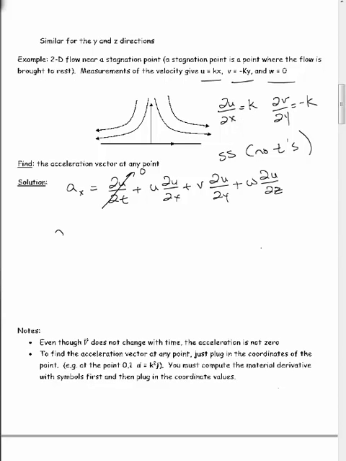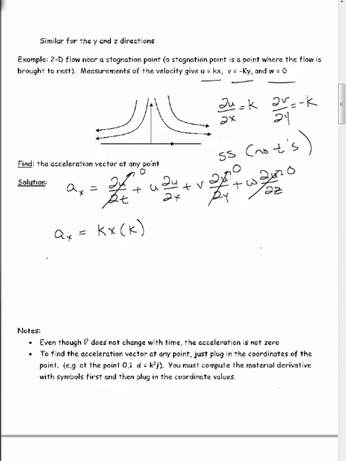So ax is equal to u, which is kx, times the derivative of u with respect to x, so that's times k. Next term, plus v, which is minus ky, times du dy. Oops, that's 0. That's 0. Let's just erase that. We don't need that. And then w equals 0, so that's 0. So that's all we got for ax.